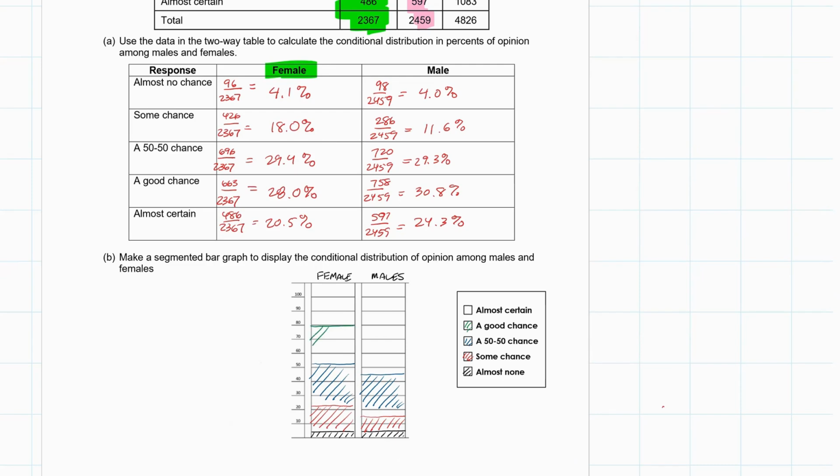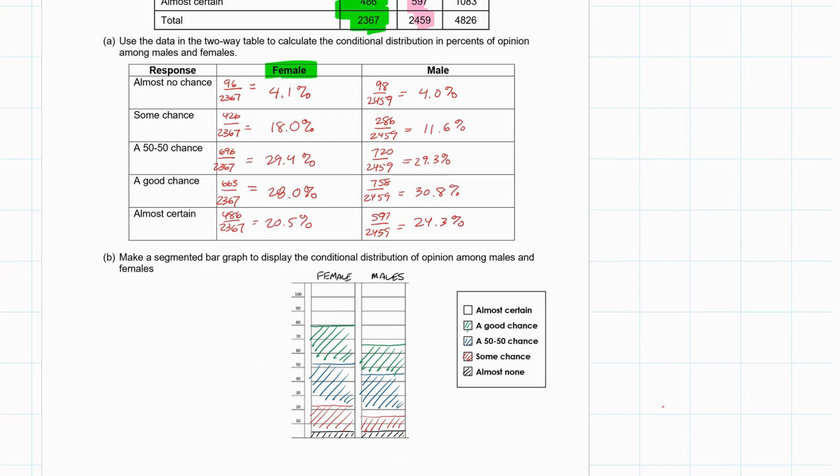And so there's the good chance. And then I was at 45% plus 30. That gets me to about the 65%. So that line about there. And there's the males. And then you can see why we might not use this very much.